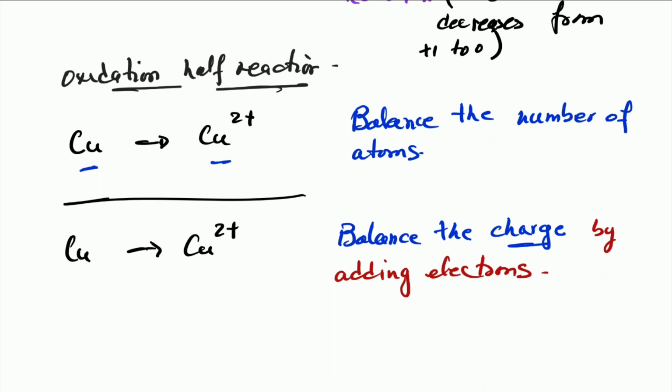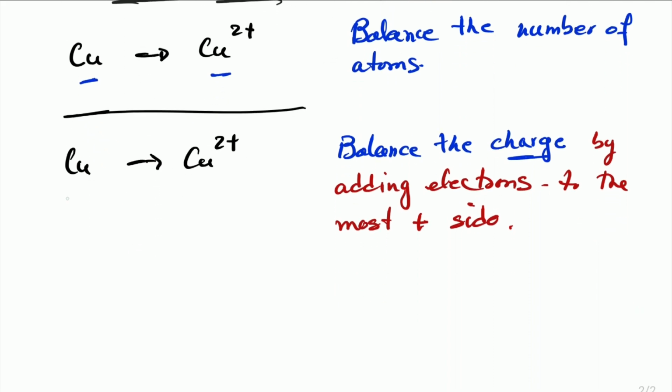You are going to add electrons on the more positive side. So we have to determine what is the charge on each side of that specific arrow.